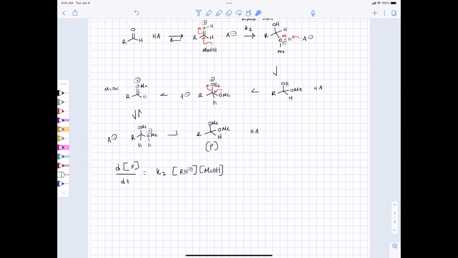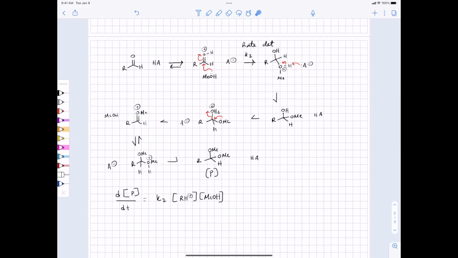Okay? Now, in this description of our reaction, the proton transfer takes place before the rate determining step. Okay? And that's a different kind of catalysis than when the proton transfer occurs during the rate determining step.